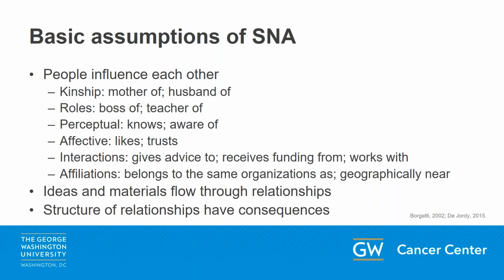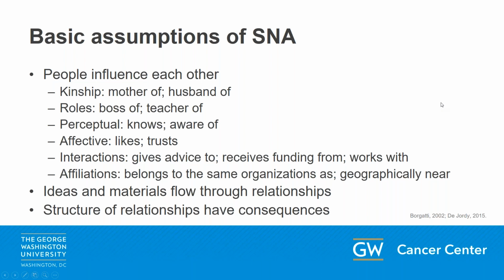There are affective influences, like finding that you like somebody or that you trust somebody more than others. And then interactions, like giving advice to somebody, receiving funding from somebody, or working with somebody on joint projects. And there are affiliations as well, like belonging to the same organization or coalition, or being geographically near each other.